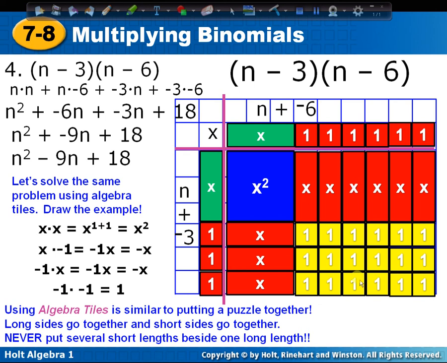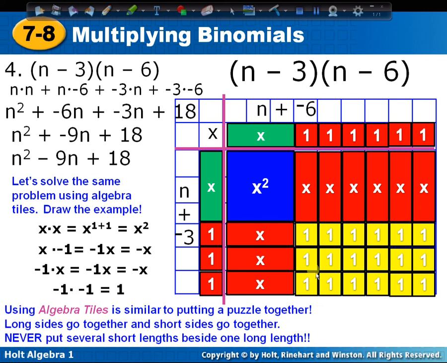So now all I have to do is count up what I have here to get my final answer. Because I don't have any zero pairs, nothing cancels out. I have 1x squared, which I'm going to write as x squared, or n squared in this case. Then I have 1, 2, 3, 4, 5, 6, 7, 8, 9 negative x's. So I'm going to write that as -9x.